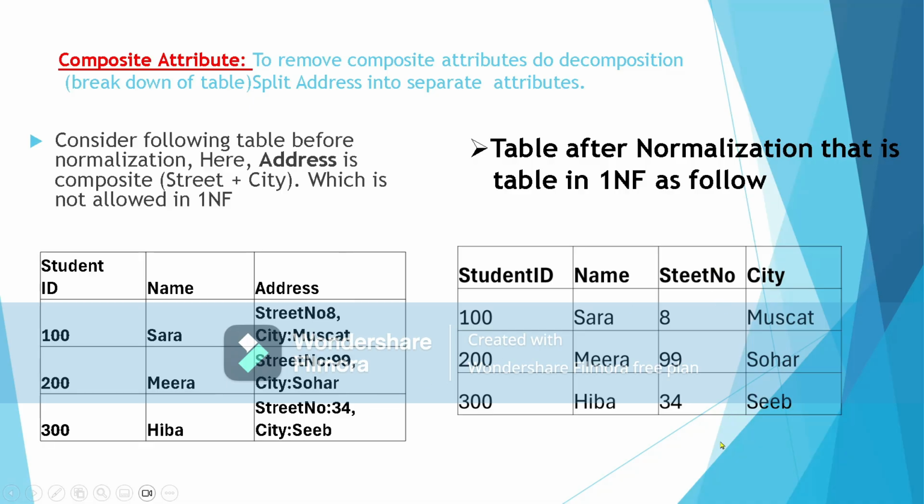First column will be street number and another column will be city. So in 1NF, the table will contain a total of four attributes. First the student ID, second the name, and third attribute address will get divided into two, that is the street number and city. Now this table shows the normalized data or data in 1NF.